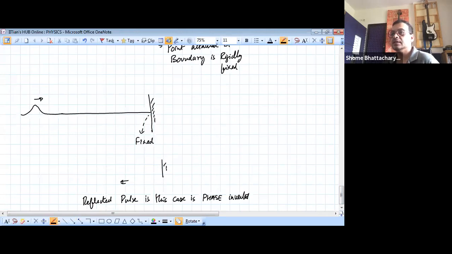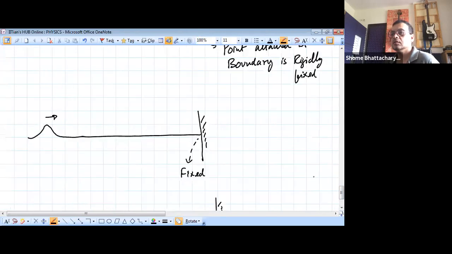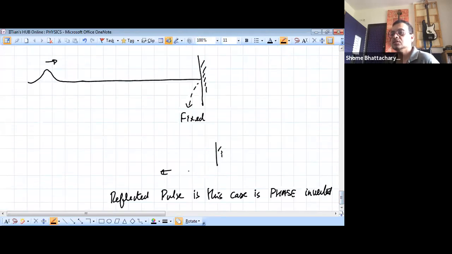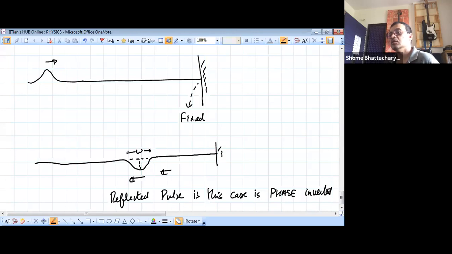Okay, so actually, technically speaking, we should make this slightly more symmetric. Okay, let me try again. So the shape of the pulse will be the same as what it was, but it will be like a mirror image. So it has the same width and the same height, let's say capital E, this one, as this.